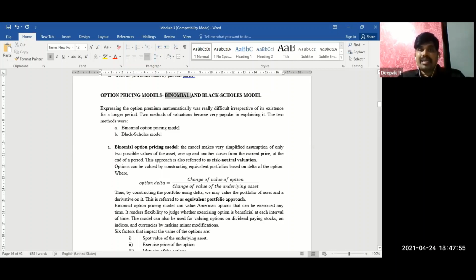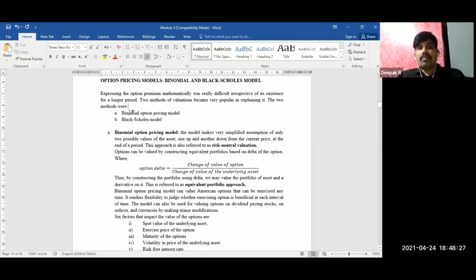The binomial model is very restrictive in nature, but practically throughout the world, for calculating option premiums, the Black-Scholes Merton model is the one that was chosen. So in economics, Black, Merton as well as Scholes, all of them, for their contribution, were able to get the Nobel Prize also.